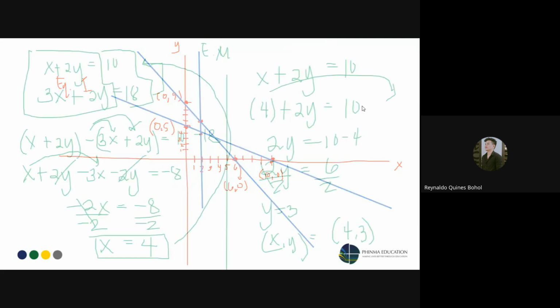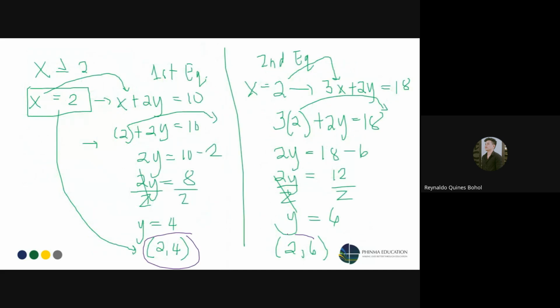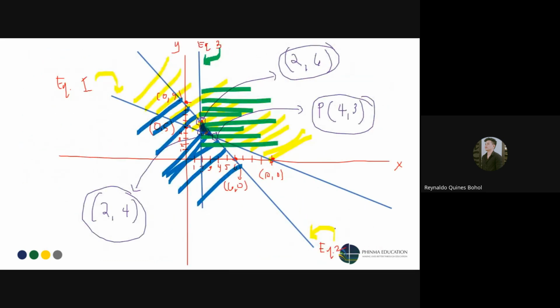Saan galing yung 2, 4, and 2, 6, sir? Yun yung third equation natin. And based from the direction of the shaded part of every equation, dito po sila nag-meet ng 3 beses. Ito, 2 beses lang. Ito, 3 beses sa gitna. So, ang tawag dyan is feasible region.